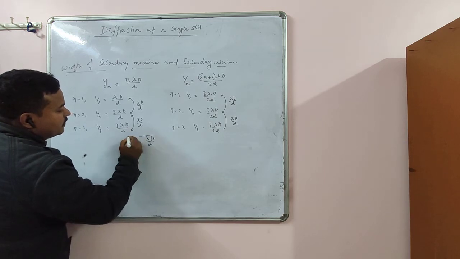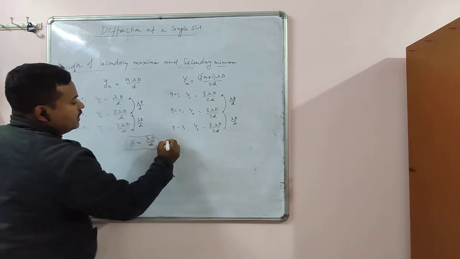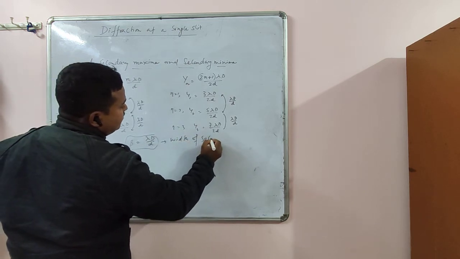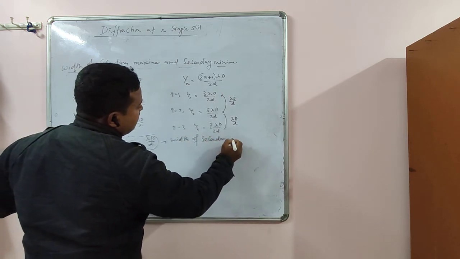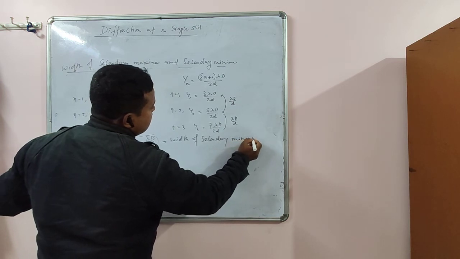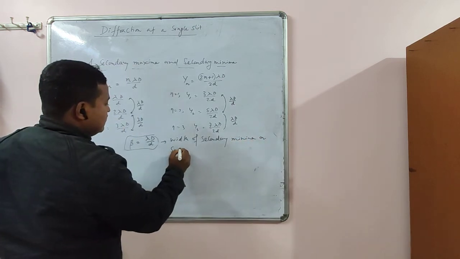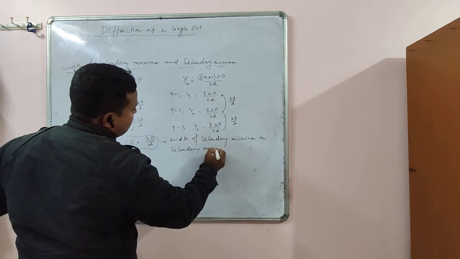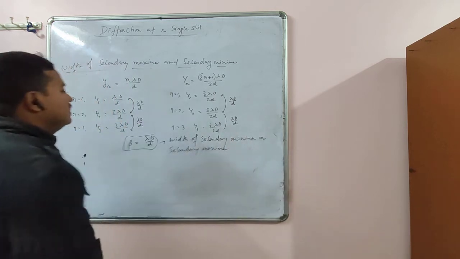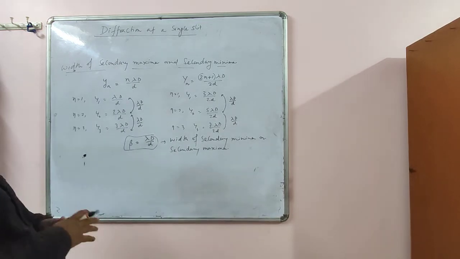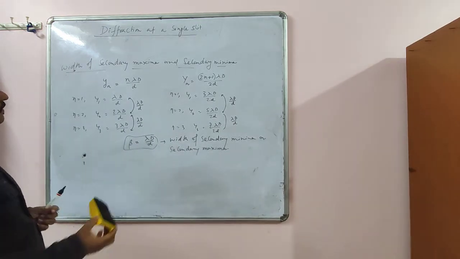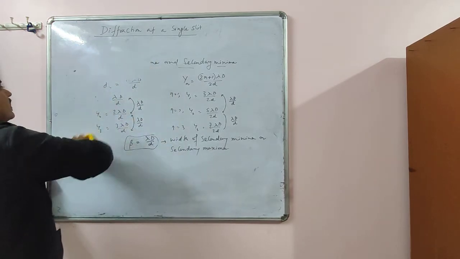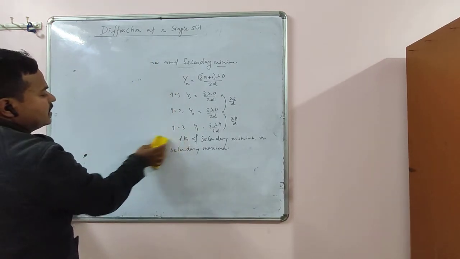Remember this: this is the width of secondary minima or secondary maxima. All the secondary maxima and minima are of equal width, and that is lambda D by d.